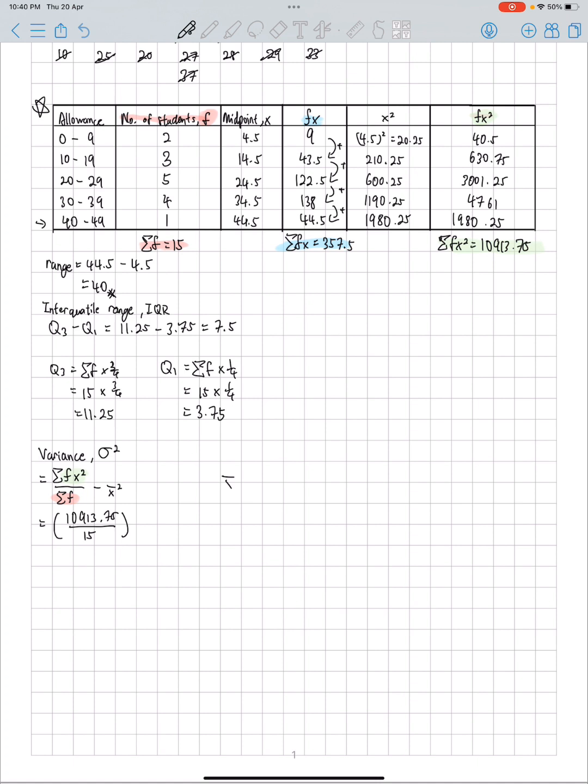So the mean of the data square is actually fx.